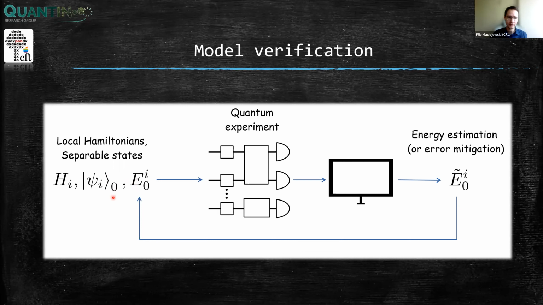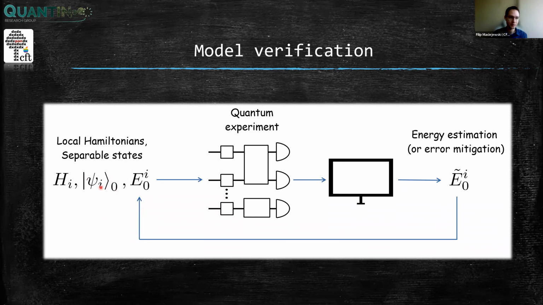So first of all, to prepare separable states, you need only single qubit gates, and they are usually of very high quality. So if there is noise in this experiment, it will be mostly due to the readout noise. So this is what we want to study. We don't want to dilute it by some other type of errors.